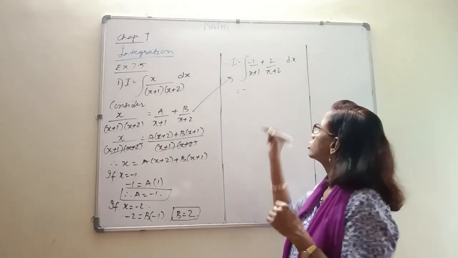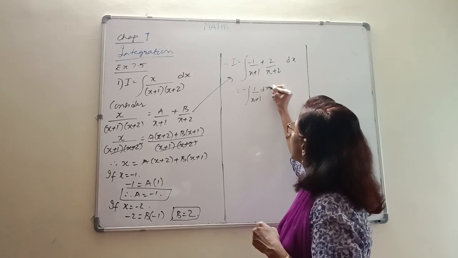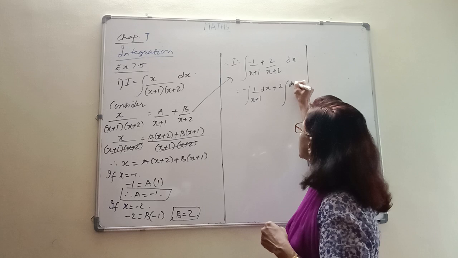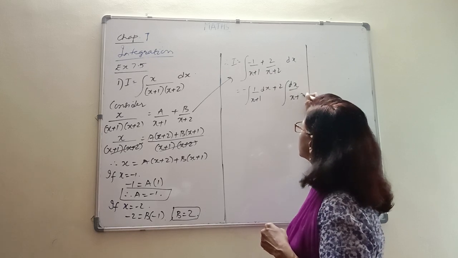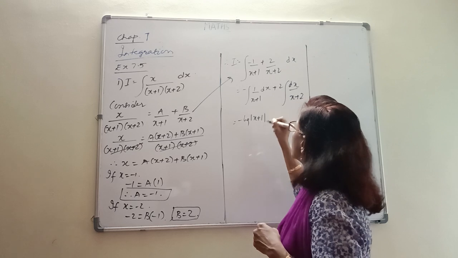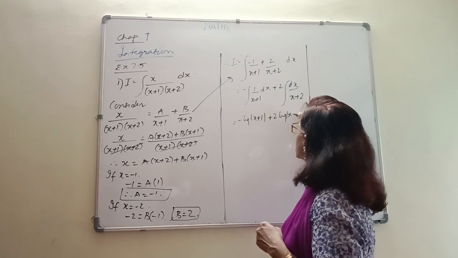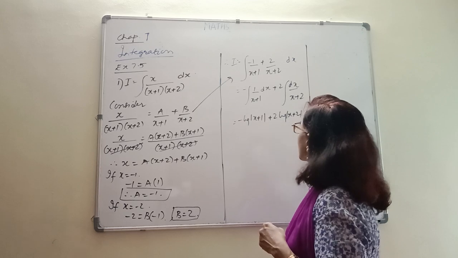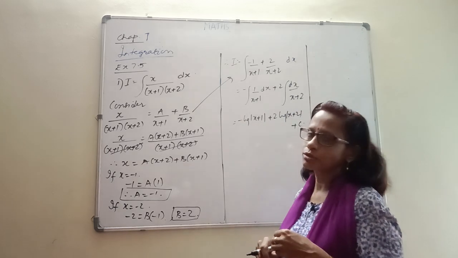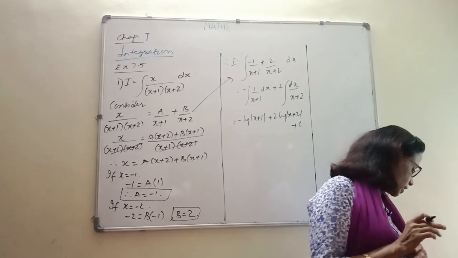So this is negative 1 over x plus 1 dx, and here 2 can go out, dx over x plus 2. That's really easy. This is negative log of x plus 1, and this is 2 log of x plus 2, plus c. Maybe you can write it as a quotient so that this becomes log of x plus 2 the whole squared over x plus 1, and all that.